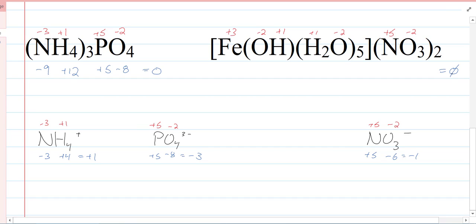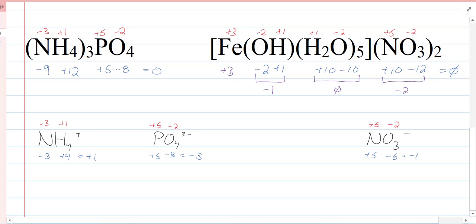Adds up to 0. So 2 times 3 is -6, times 2 is -12. 5 times 2 is +10. Let's look. So right here, I have a -1. For the waters, I have 0. For nitrate, I have a -2. Works out. And so then we have a +3 here for iron, which works.